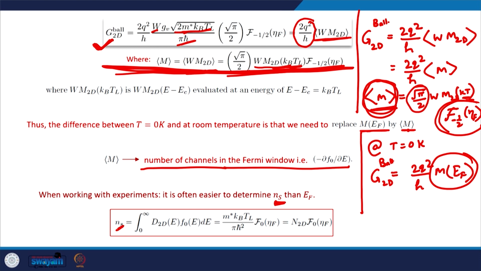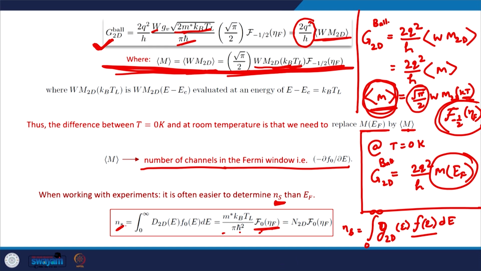The sheet charge density is the density of states in a 2D conductor times the Fermi function dE, and now this needs to be evaluated for all energy values at room temperature, and this turns out to be m star kT divided by pi h bar square into the Fermi-Dirac integral of order 0.